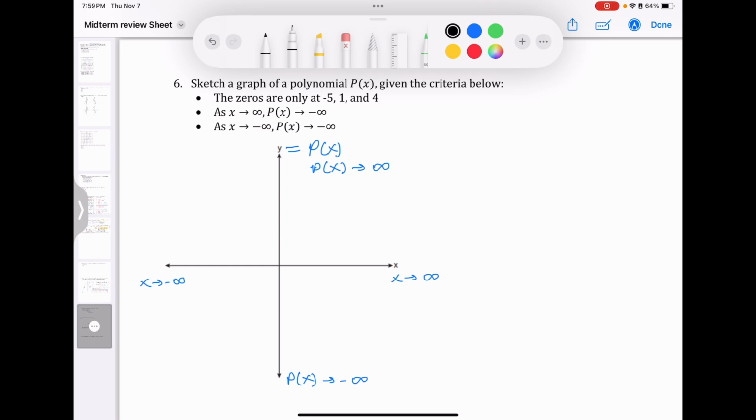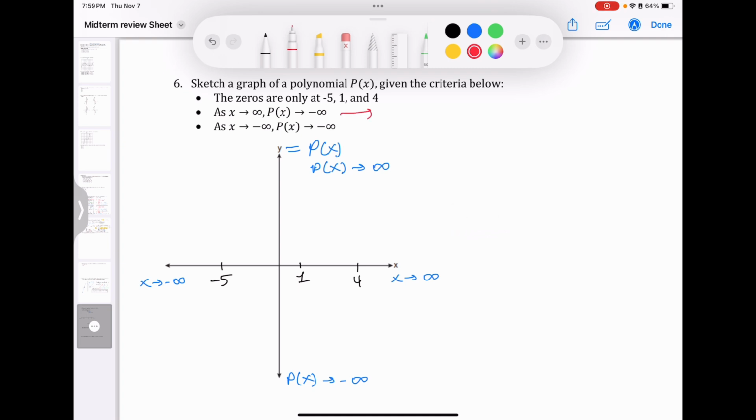So let's put our zeros on our x-axis. That's -5. That's +1. And that is 4. So now let's graph the function based on this criteria. As x goes towards positive infinity, the function goes towards -infinity.